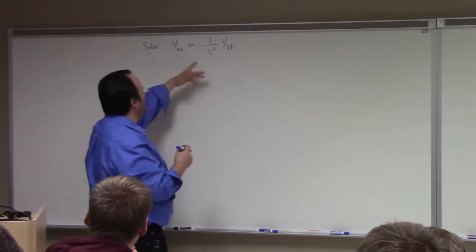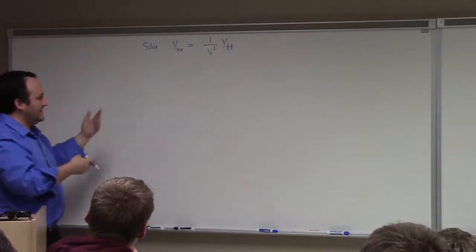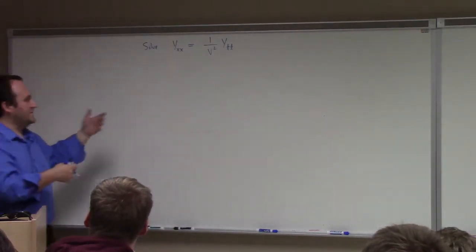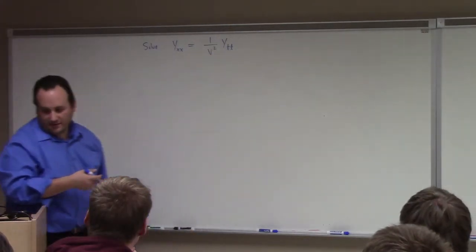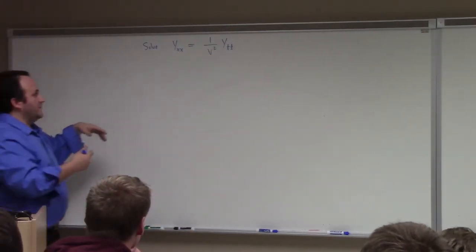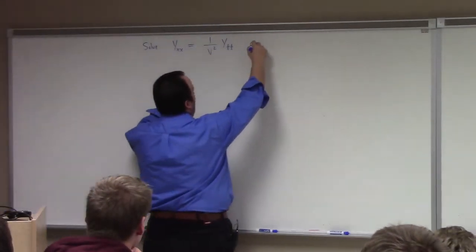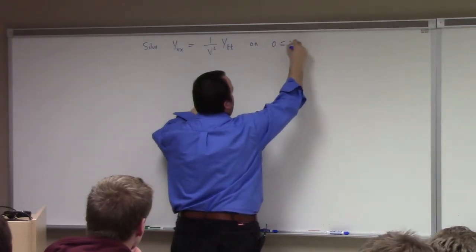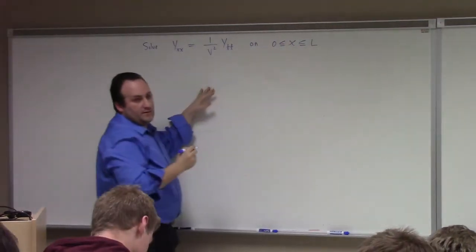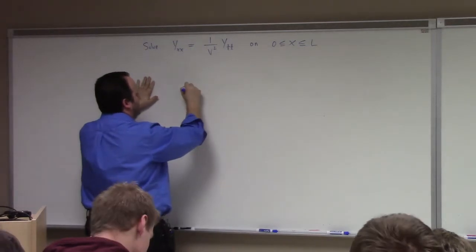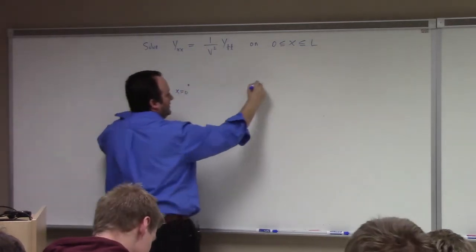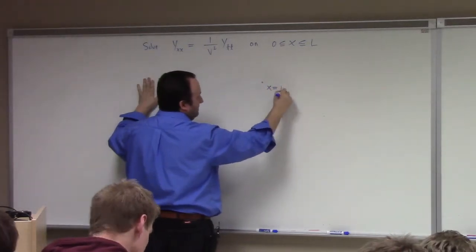It bothers me to write it like this, but that's our other notation. Understand, of course, this just means second partials, right? Fine. And we're going to solve it for 0 less than or equal to x less than or equal to L, all right? So our picture is we've got x equals 0 here, we've got x equals L over here.